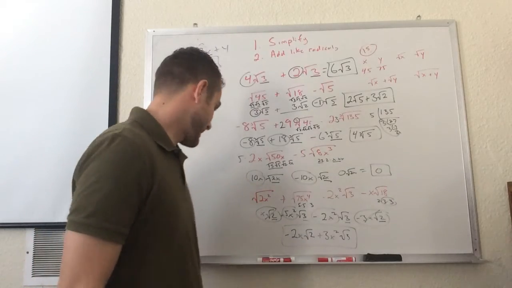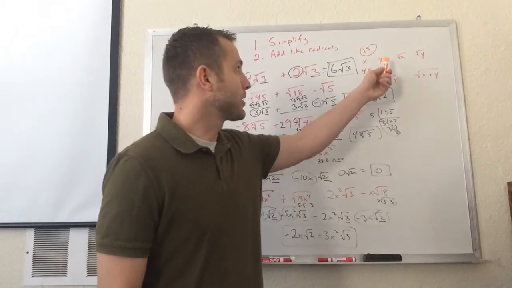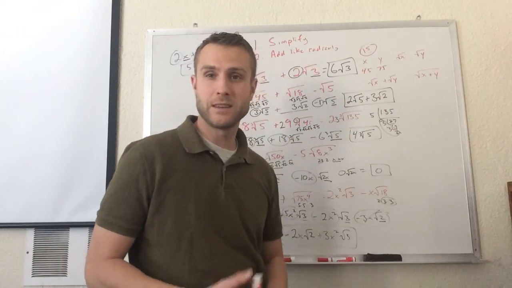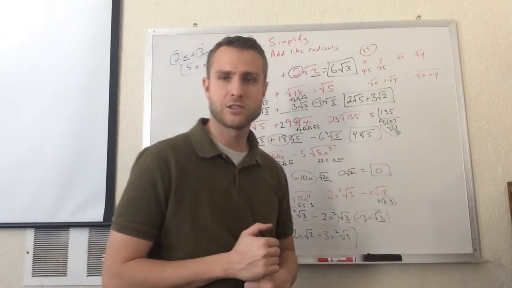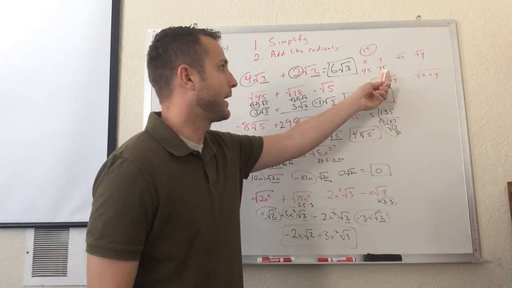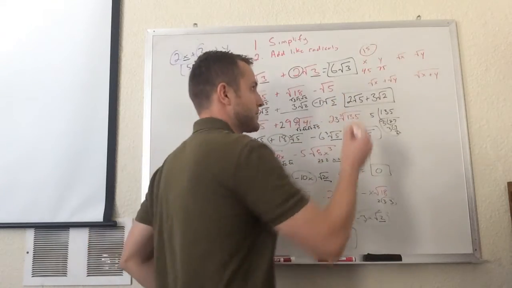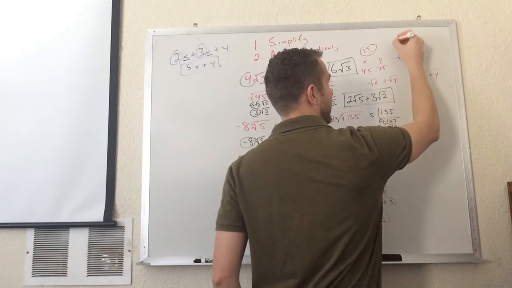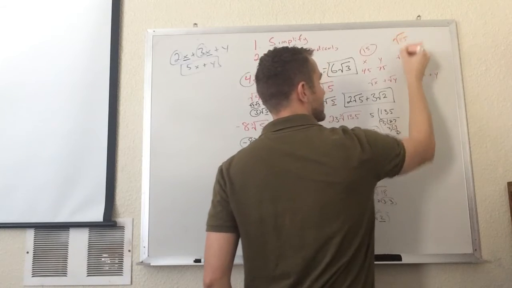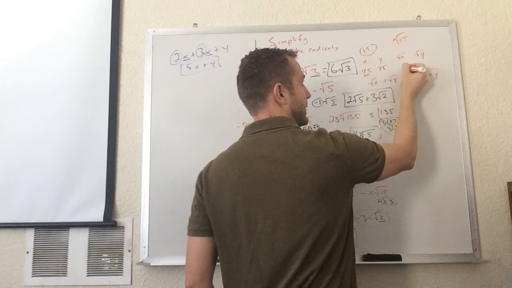All right, just one last thing before we finish up here. If you notice, for numbers 13, 14, and 15, they have a little chart, and I just want to make sure you understood that. So I'm going to do number 15 for you. So they give you x and y, and then the third blank is what the square root of x is. So obviously that's going to be the square root of 45. So whatever x is here, I want to do the square root of that for this blank here.